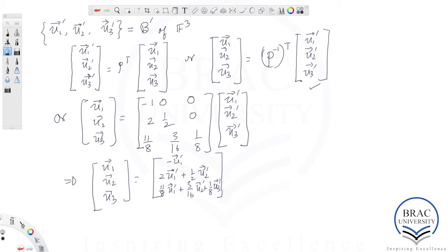Therefore, just plug in the expressions of u1 prime, u2 prime, and u3 prime.